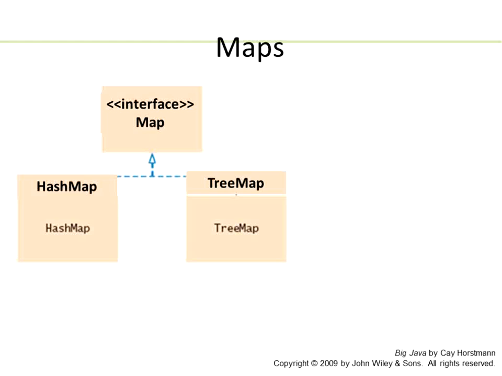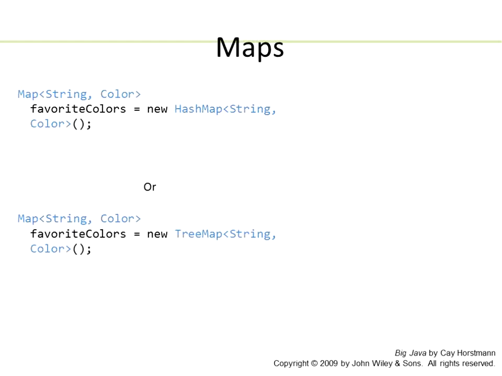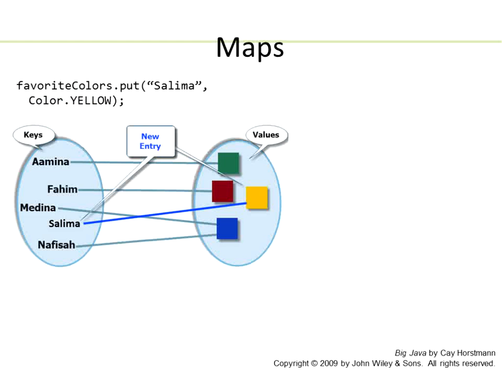Now there are 2 ways by which you can represent a map: hash map and tree map. These are some codes which will help you to represent maps by using hash map or tree map. To enter a new entry, we have just removed the previous entry and associated it with a new one.